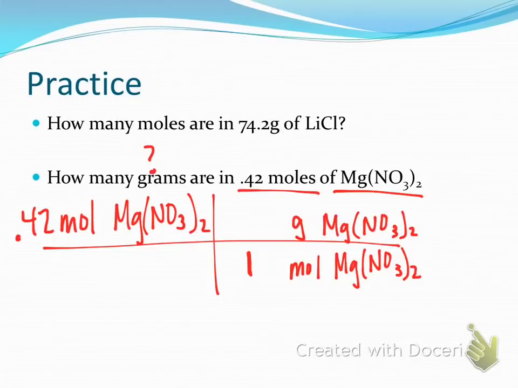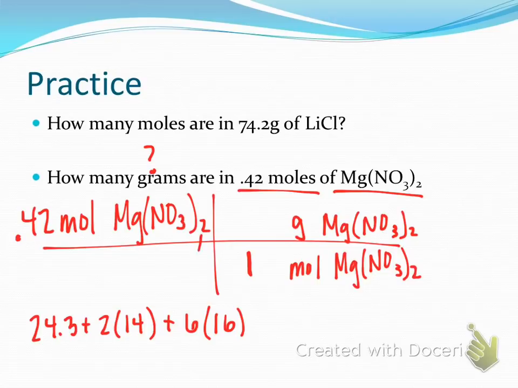So if I'm calculating the molar mass of magnesium nitrate, I'm going 24.3 plus how many nitrogens? 2. Plus how many oxygens? 6. The 3 and the 2 get multiplied together.